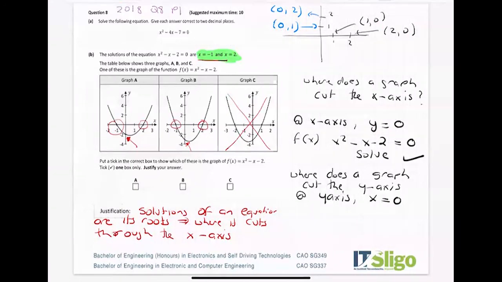So to find where it cuts the y-axis, we take the function and we let x equal 0. Sorry, I shouldn't have had it equal 0 there now. Equals y, so -2 is where it cuts through the y-axis. Okay, and I will be doing questions on where does it cut through the x and y axis.